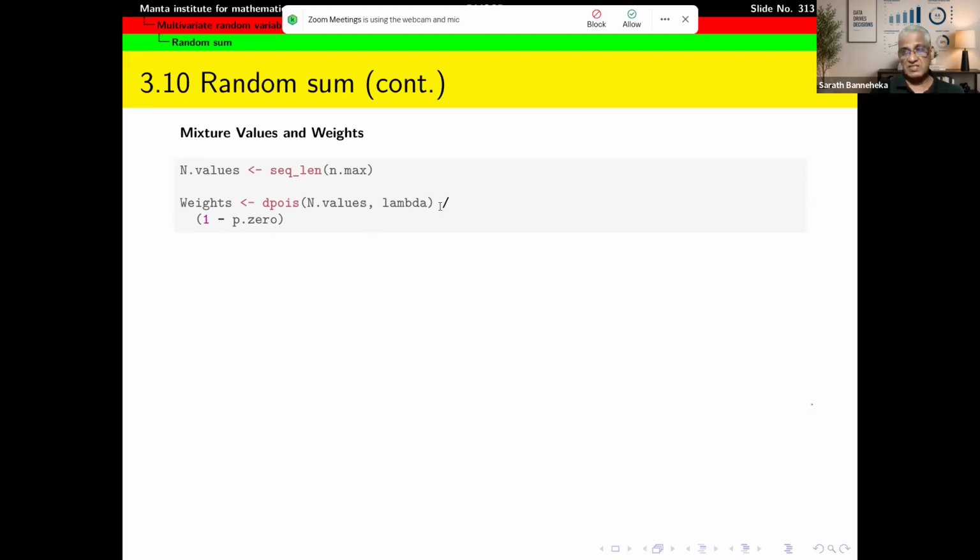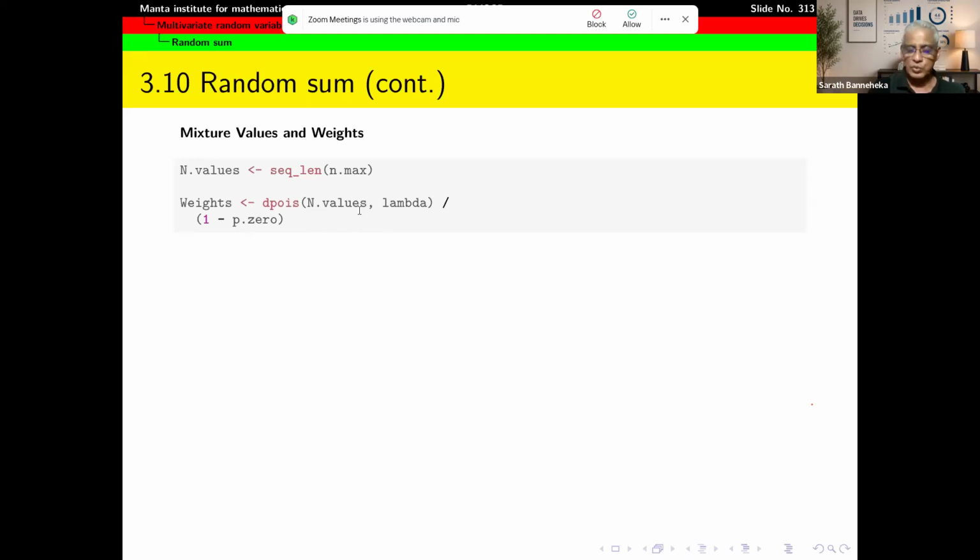Those are our weights in the mixture distribution. I showed you that they are actually probabilities, the weights of our individual density functions. So we need the weights up to 25 values.